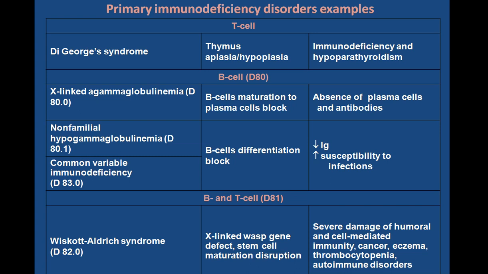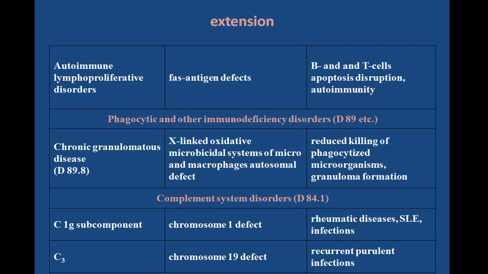We can find severe damage of humoral and cell-mediated immunity, cancer, eczema, thrombocytopenia, autoimmune disorders. Next, autoimmune lymphoproliferative disorders, the pathology of Fas antigen defects, where we can find B and T cell apoptosis disruption and autoimmunity.